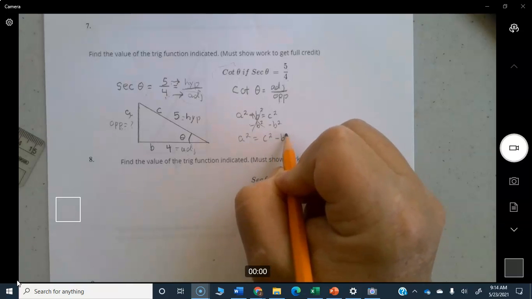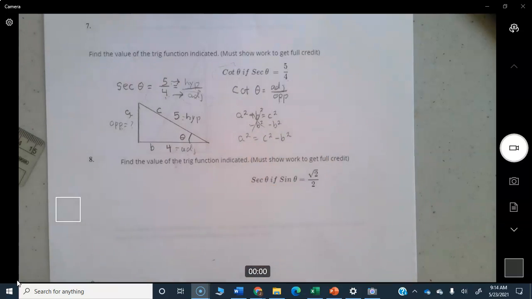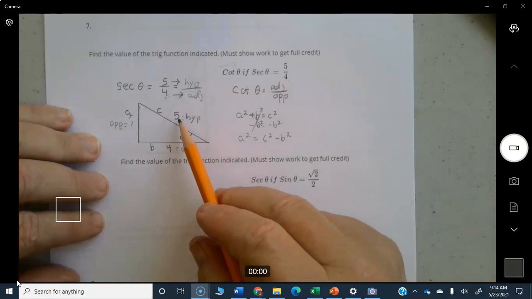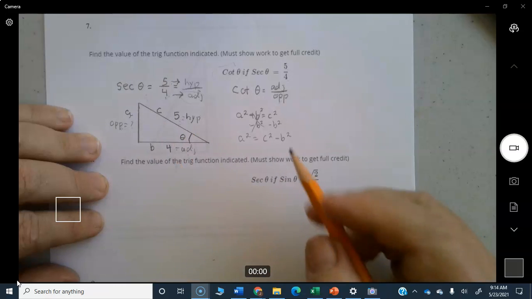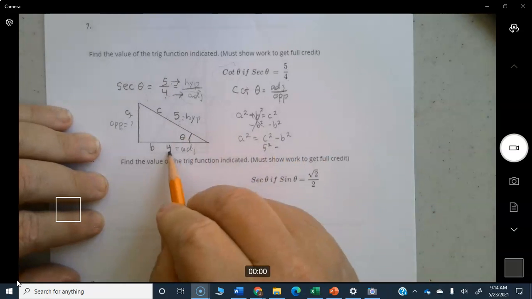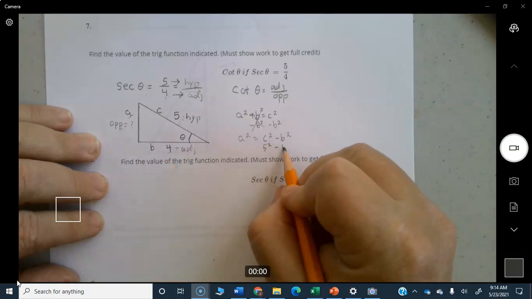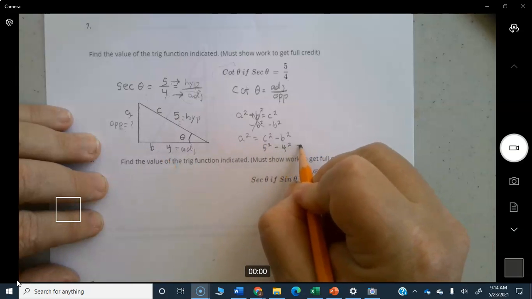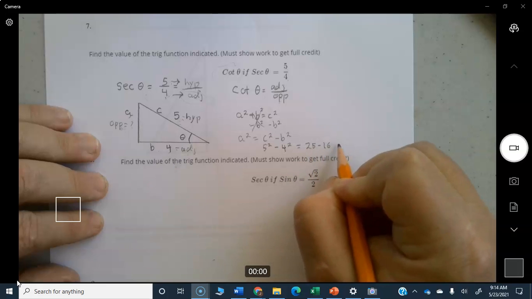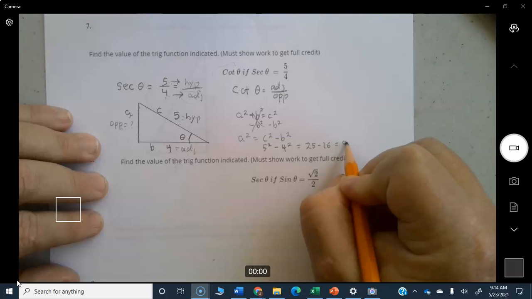Again, this is 7th or 8th grade math right here using the Pythagorean Theorem, or Integrated Math 1 at the very latest. You should have had this, right? Okay, so there it is. So now we're going to plug in our numbers. The hypotenuse has always got to be c, so that's 5 squared minus, there's b, 4 squared, and that's going to equal 25 minus 16, which equals 9.